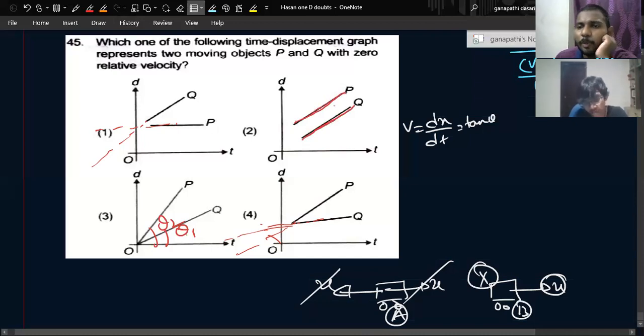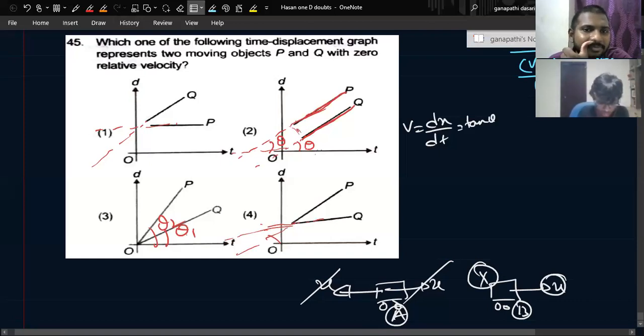Two parallel lines will have the same angle, same slope. Do you know this mathematics fundamental? Two parallel lines will have the same slope. This also you will get the same theta.